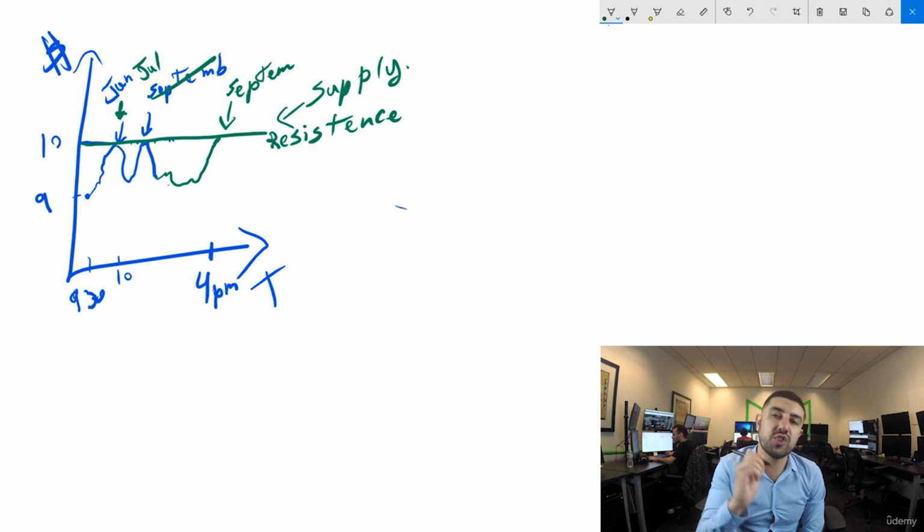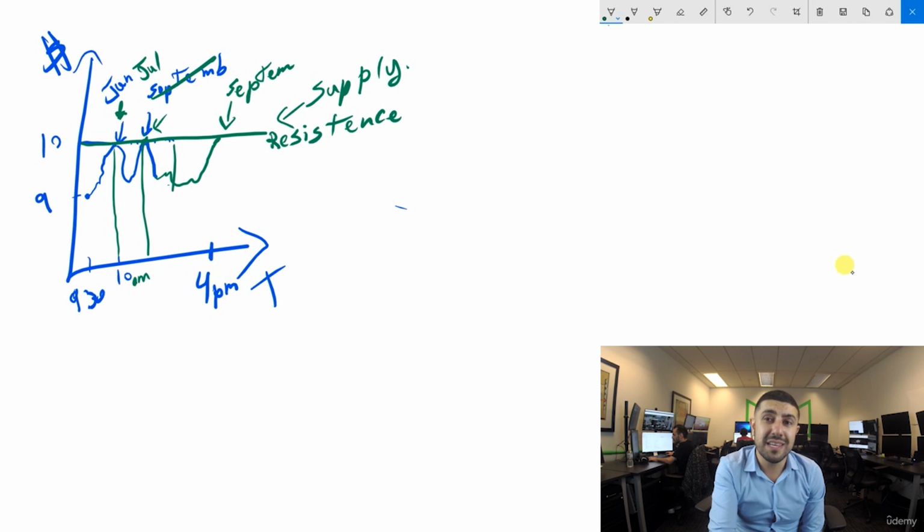But when you're looking intraday, if at 10 a.m. there was a big seller here and the price couldn't break that and came back down, then at 10:30 a.m., 30 minutes later, again it came back up and it couldn't break that price because maybe that seller is still there.